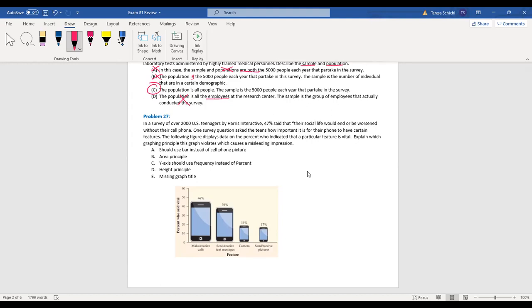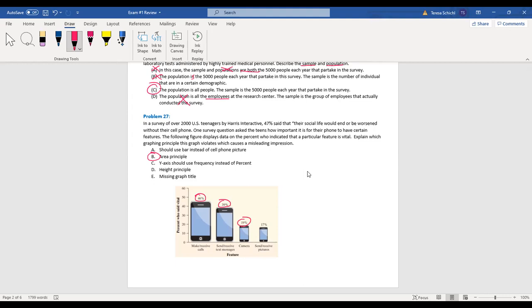Let's find the area principle. When we use pictures, we have to be very careful. Like this one here, we violated the area principle. For example, make and receive calls is so important, 46%, and this one is 39%, and this is 19%.